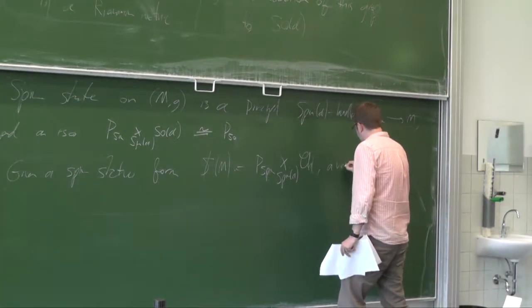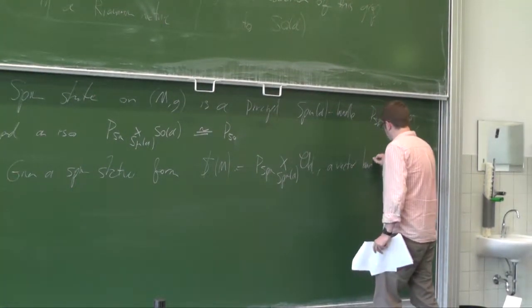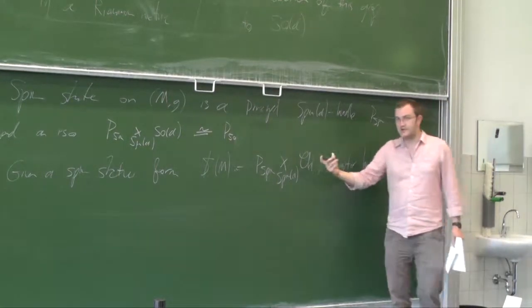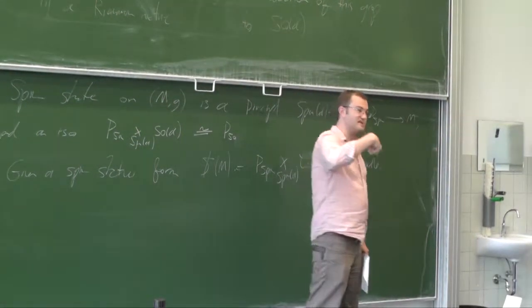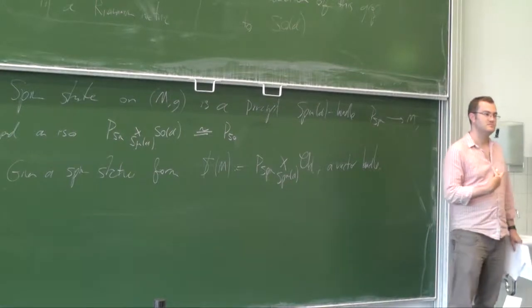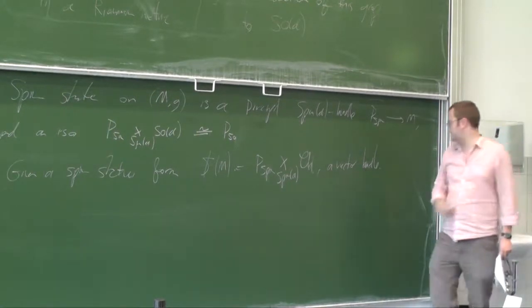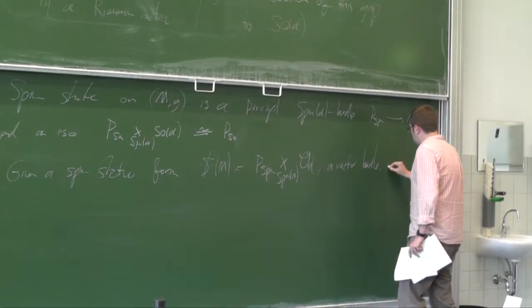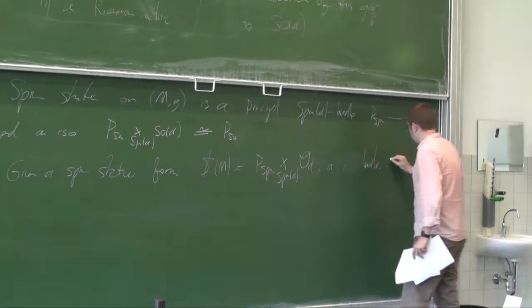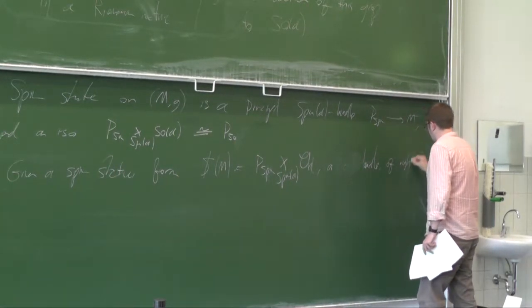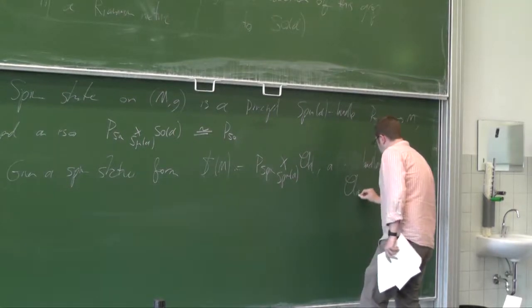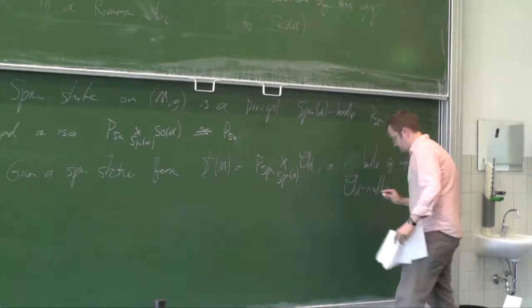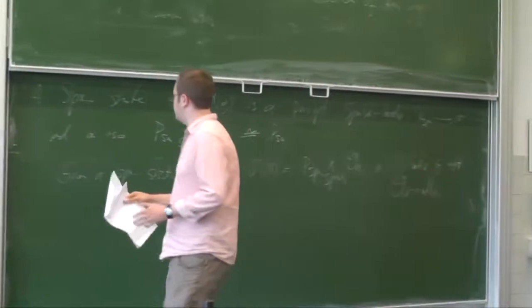This is a vector bundle. But because the Clifford algebra was an algebra, I can still multiply on the right by elements of the Clifford algebra. So it still has a residual action on the other side. A vector bundle, or let's say a bundle of right modules.